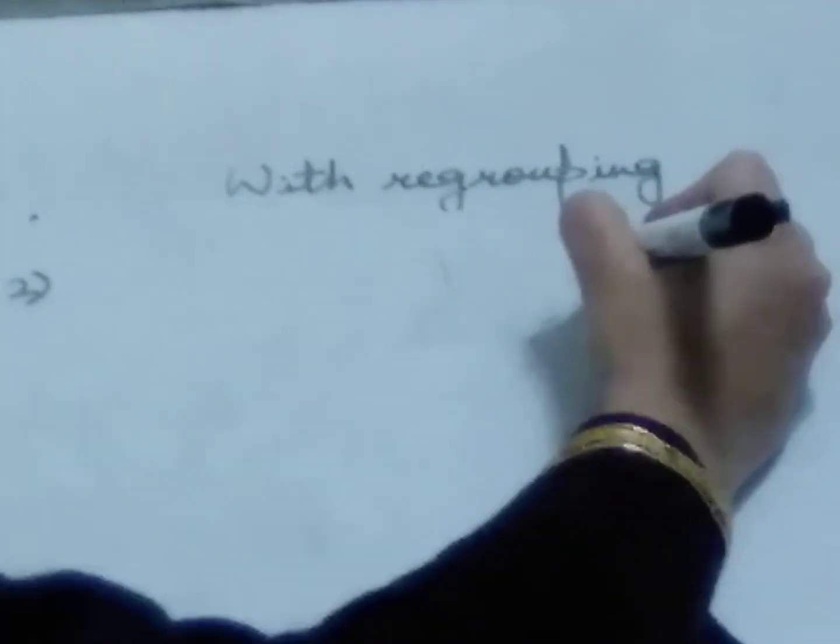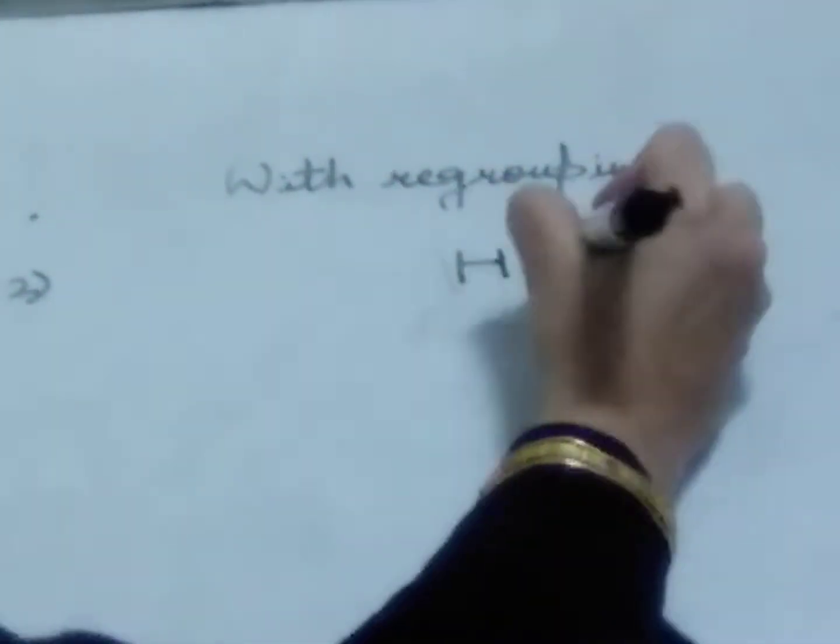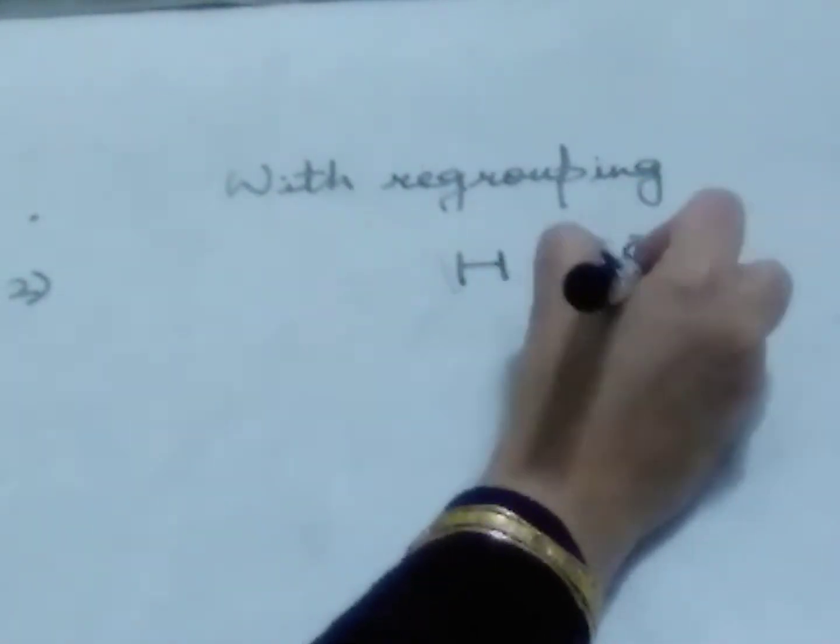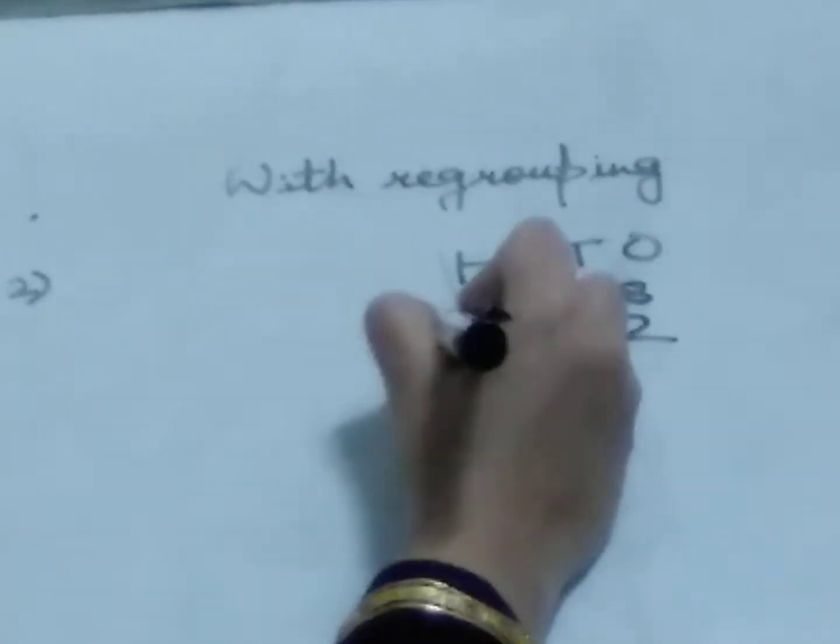Similarly, let's do the next question, which is H T O, 48 multiplied by 2.